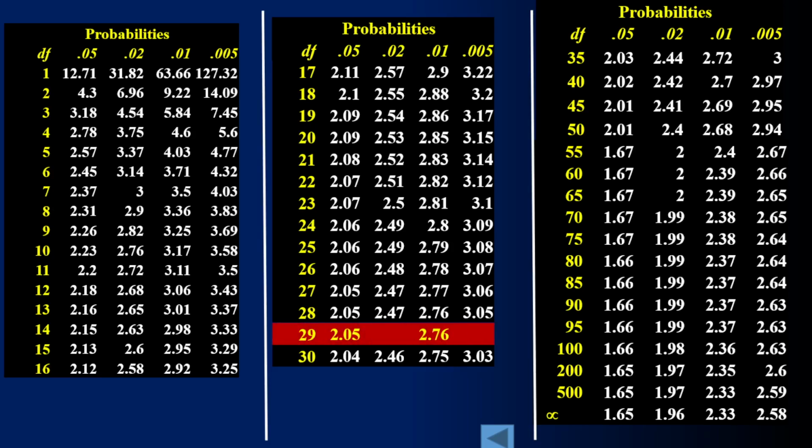These two values are the required minimum t values for significance at 0.05 and 0.01 level respectively. We have to compare our t value with these two values.